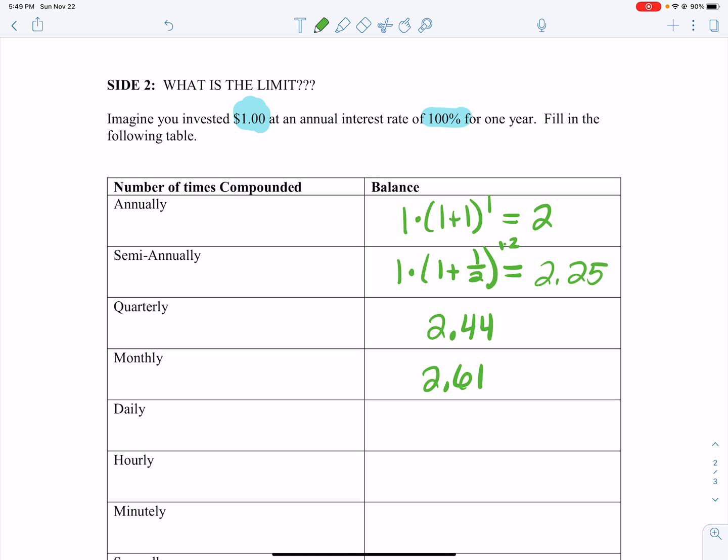If I do daily, that would be 365, and I get 2.71457. And if I do hourly, I get 2.718.